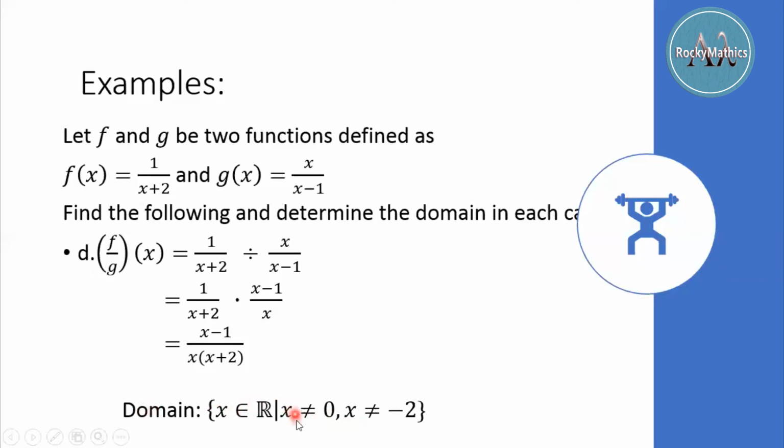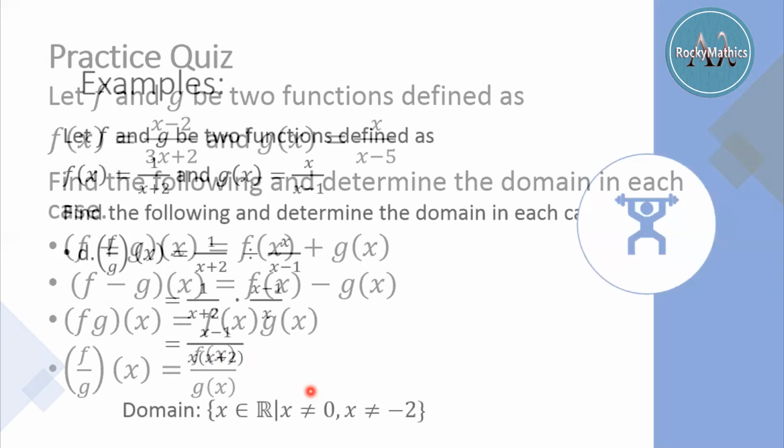X should not be equal to 0 because this will be undefined, and x is not equal to negative 2, which can also make the denominator 0. Okay, so these are some examples on how to use the four operations of functions: the addition, subtraction, multiplication, and division.